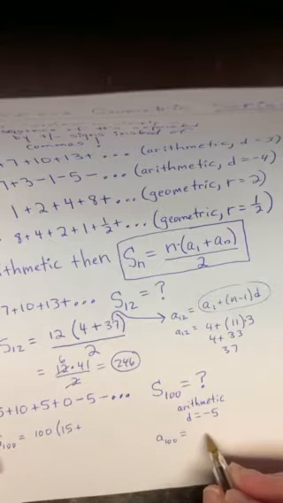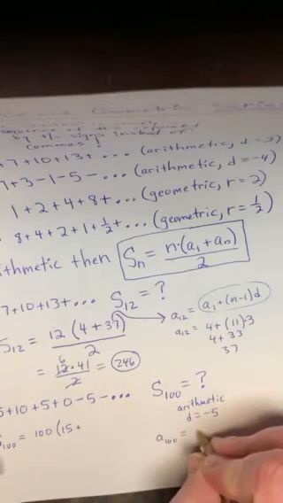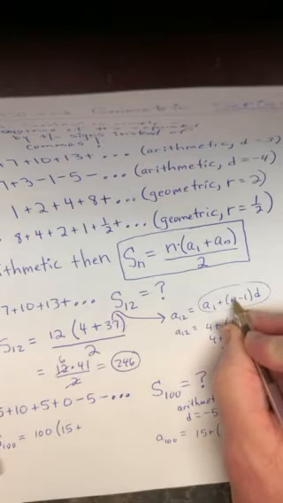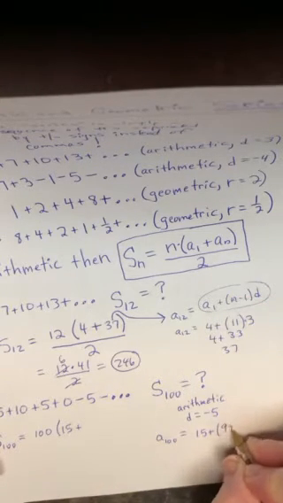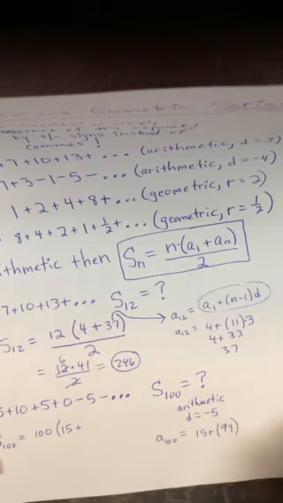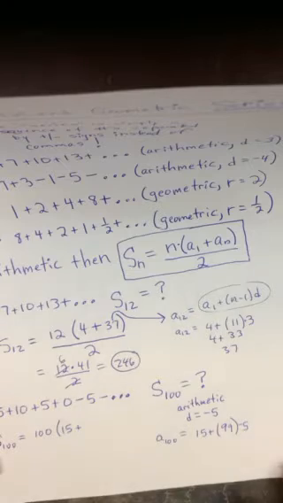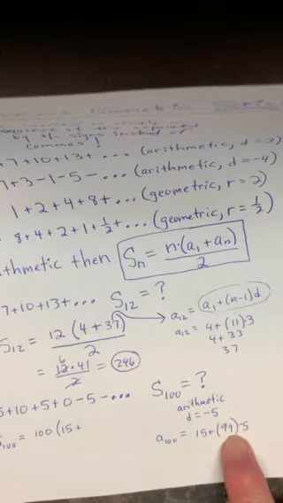So A1, which is what? 15 plus n minus 1. So that'd be 100 minus 1 is 99 times the common difference, which is -5. So on my calculator, I'm going to hit 99 times -5, enter.